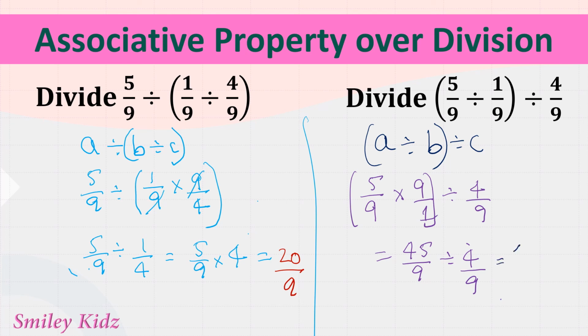So here we'll be doing 45 by 9 multiplied by 9 by 4. 9 and 9 get cancelled. We get the answer as 45 by 4.